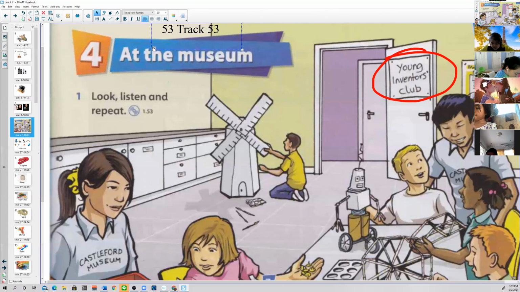Paint. Good. 10. Paintbrush. Good. 11. Wire. Okay.